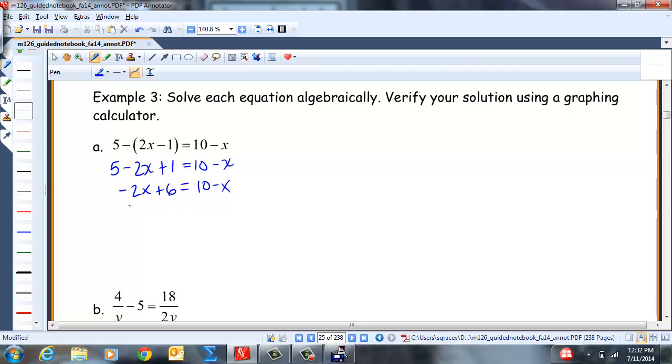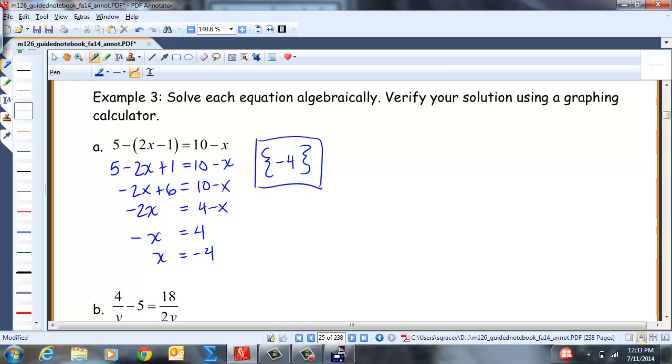Subtracting 6 from both sides, we'll have negative 2x is equal to 4 minus x. And adding x to both sides, we'll have negative x is equal to 4. Dividing both sides by negative 1, we have x is negative 4. So, algebraically, we got this result.